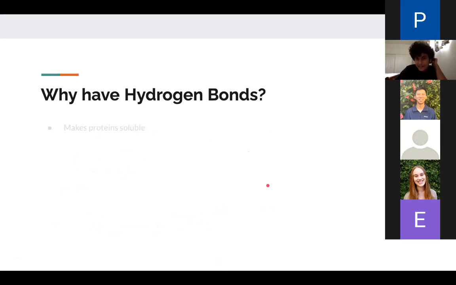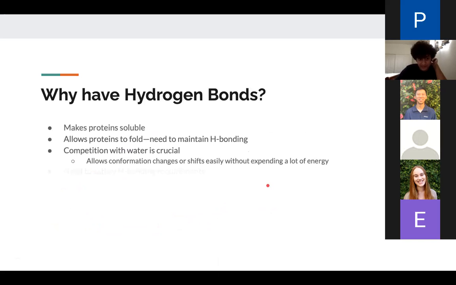So why would we have hydrogen bonds to begin with? A couple of things here. Of course, it makes proteins soluble. Without any polar groups, you would have insoluble proteins. It allows proteins to fold. We studied secondary up to quaternary structure for proteins, and hydrogen bonds are crucial for maintaining those structures. What else is crucial is that competition for water.